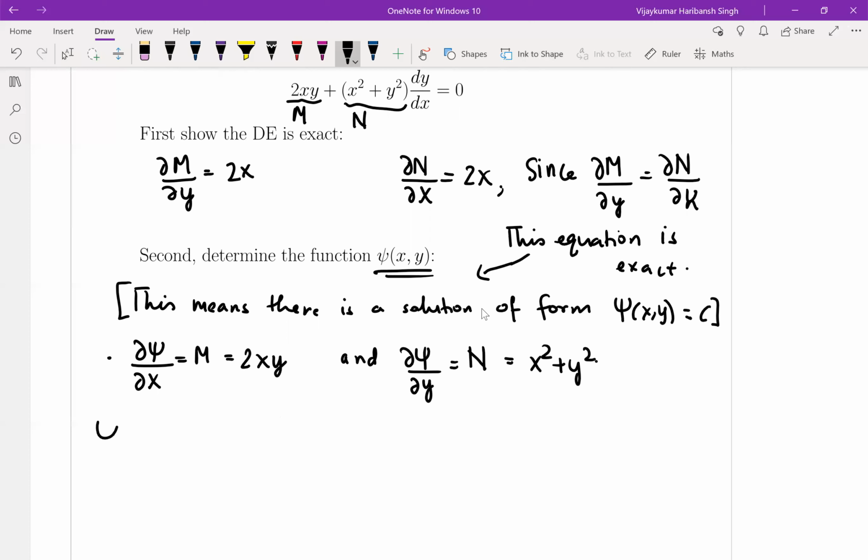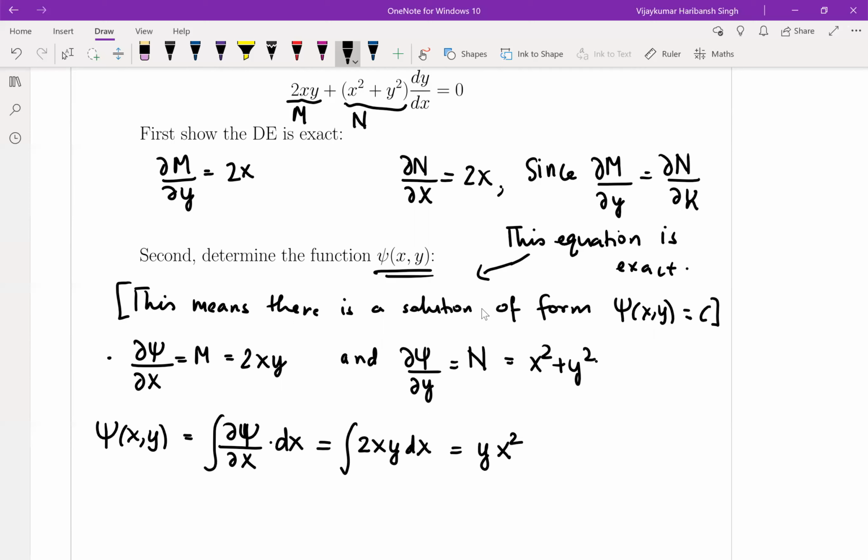So phi of xy is going to be the integral of partial derivative of phi with respect to x dx. That is going to be 2xy dx. Now y, the constant, comes out. Integral of 2x is going to be x squared.